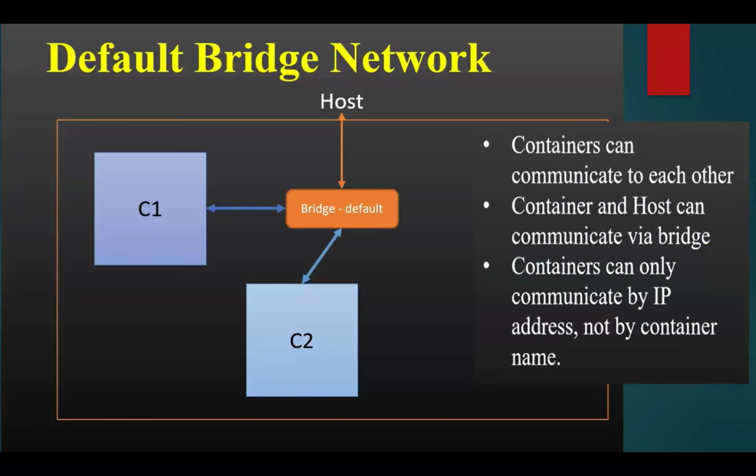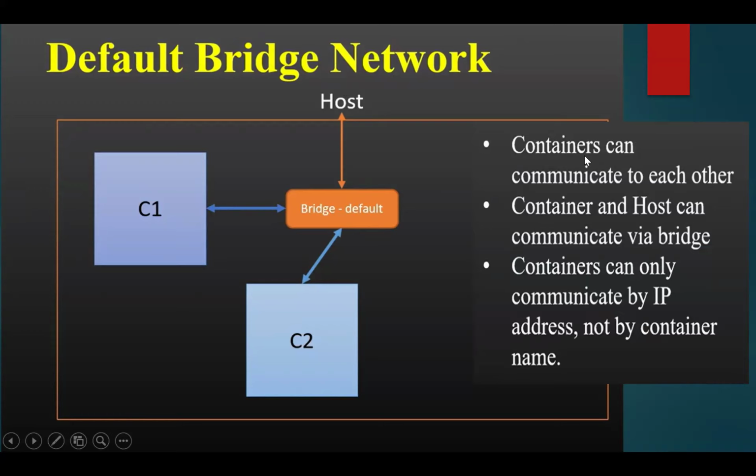This is how it looks in actual: the default bridge network. You have this host machine and the default bridge. Two containers are newly created. The moment the C1 and C2 containers get created, they attach to the default bridge.